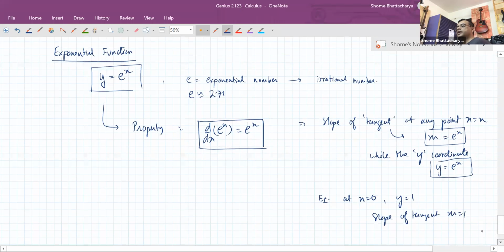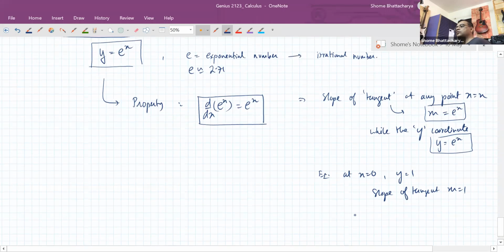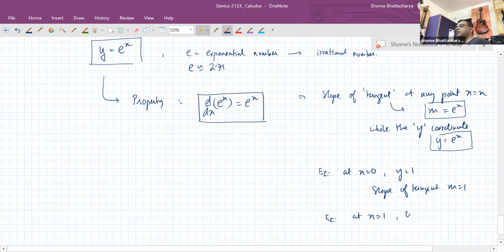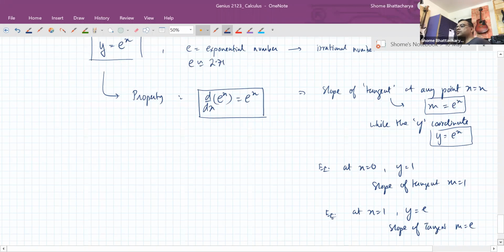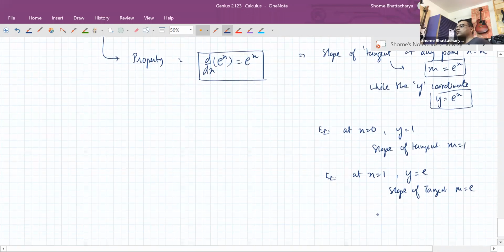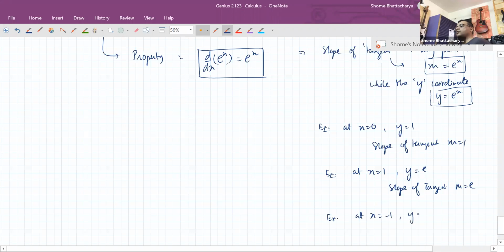At x equal to 1, the y coordinate is e, but the slope of the tangent is also e. At x equal to -1, for example, the y coordinate is e raised power -1, that is 1 by e.